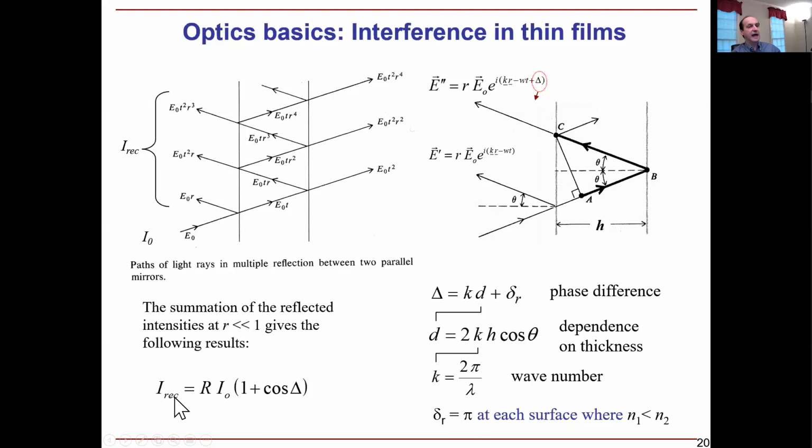REC, the one received by the detector, is the one that is reflected. You have a certain parameter here which relates to the structure of the film, and then you have the delta here, which is a parameter which includes the thickness of the film. So essentially, depending on the film thickness, you're going to have different colors.